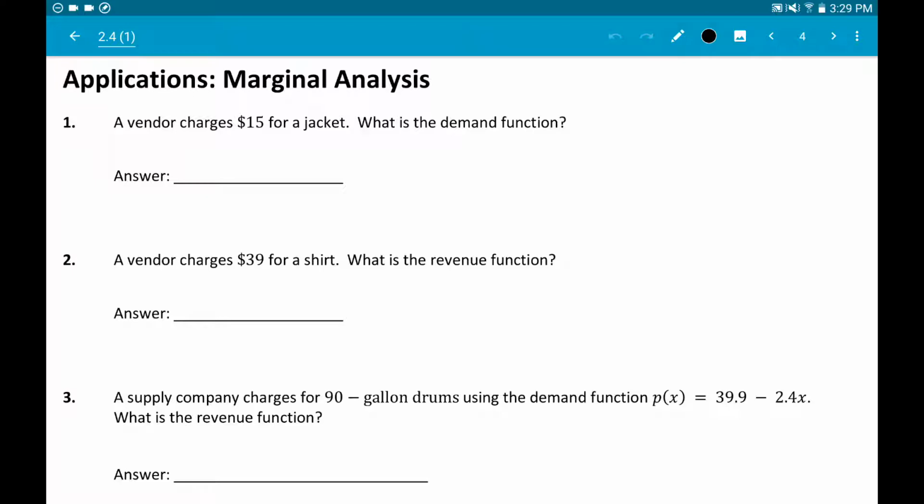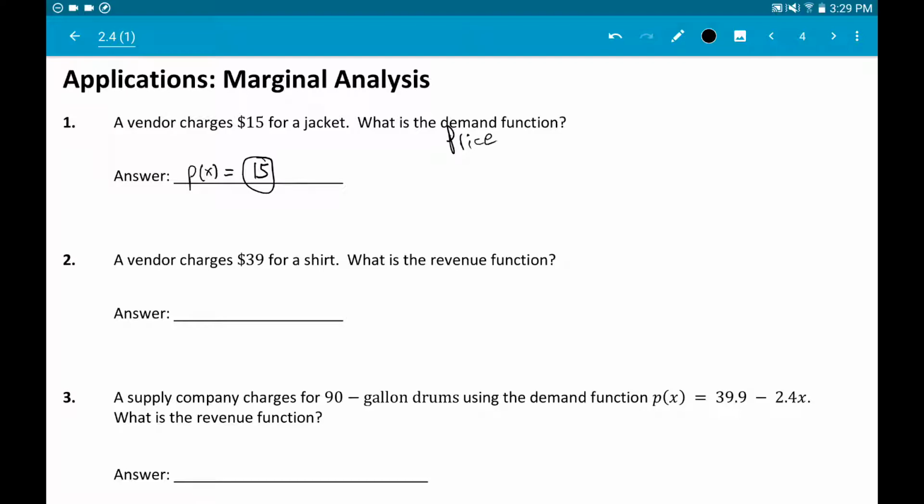A vendor charges $15 for a jacket. What's the demand function? So remember, that's the same thing as saying price, mathematically anyway. So the price function is going to be just 15. Okay. On Hawks, you just type the number in. You don't have to type the P of X.